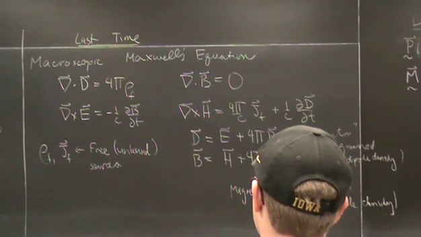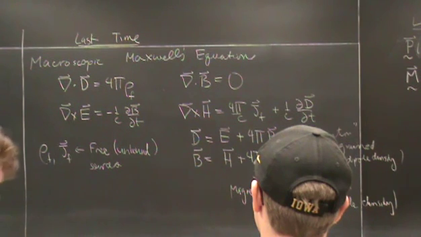As we discussed last time, we break up the sources into the so-called free sources. What that means is all of the charge that's not bound up together in neutral molecules, solids, atoms, etc., and the bound charges.